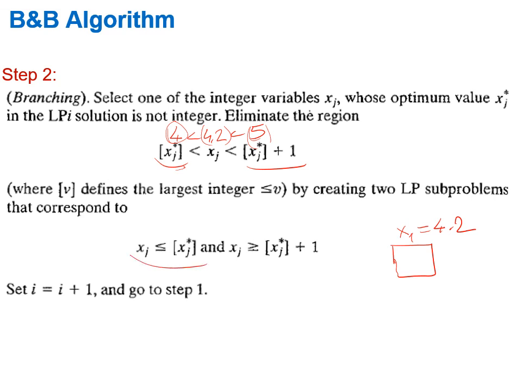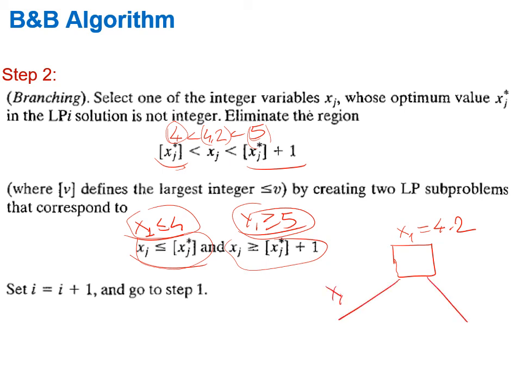So we are going to add a constraint saying that x1 is less than or equal to 4 as the one branch, and x1 is greater than or equal to 5 as the other branch. So don't be confused with these equations; we already learned how to include these. We include these two constraints, x1 ≤ 4 and x1 ≥ 5, and we obtain two new LPs, increase our iteration index, and return back to step 1.